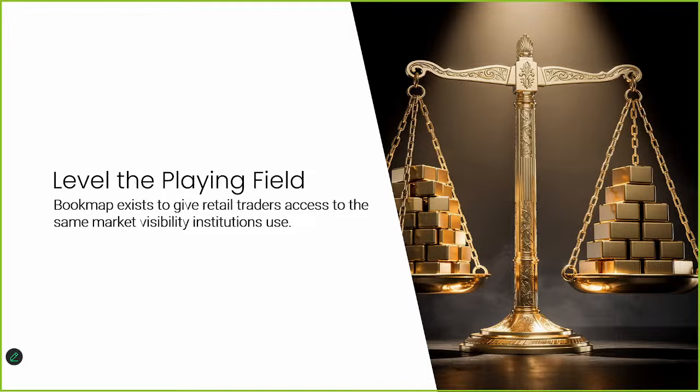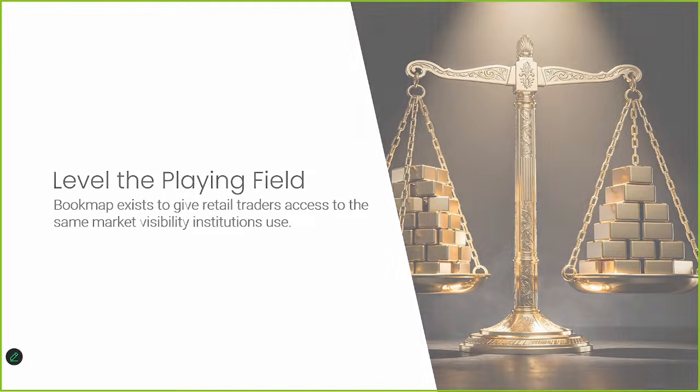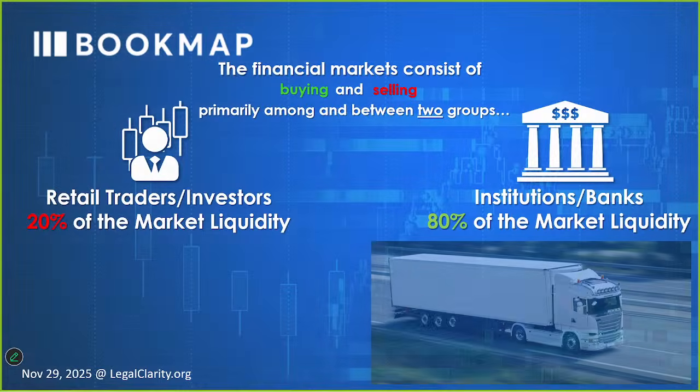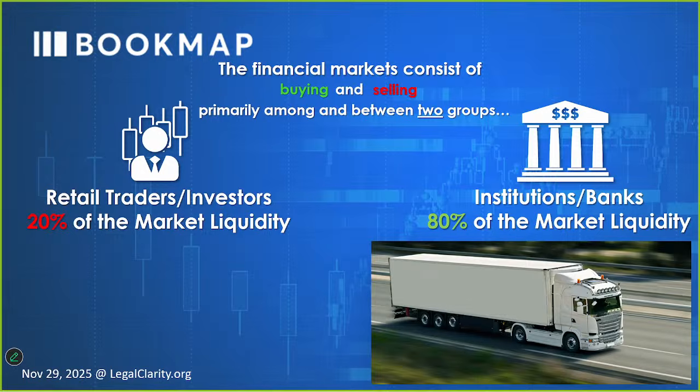And did you know that institutions control about 80% of the market liquidity? So institutions control about 80% of the order flow, and us retail traders control about 20%. Now, you can get into some micronized situations where you can see this skew mightily around specific price points.